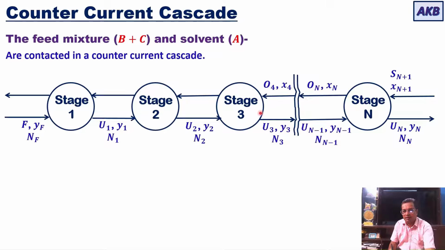Then prior to stage 3, you have stage 4, and this is the overflow that is coming out from stage 4. Then this is overflow that is coming out of stage 3, overflow that is coming out of stage 2, and finally, the final overflow that comes out of stage number 1. So final overflow in the counter current cascade comes out of stage number 1, whereas the final underflow comes out of the nth stage.